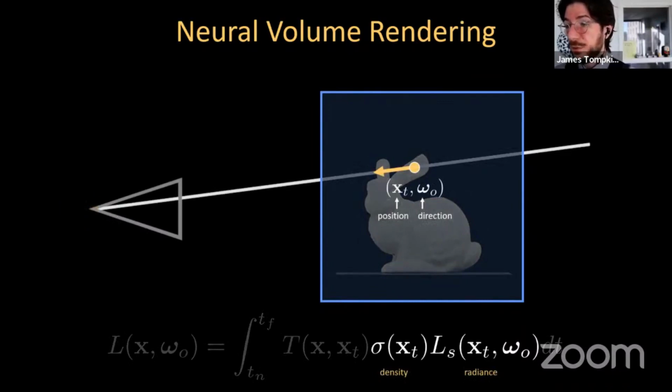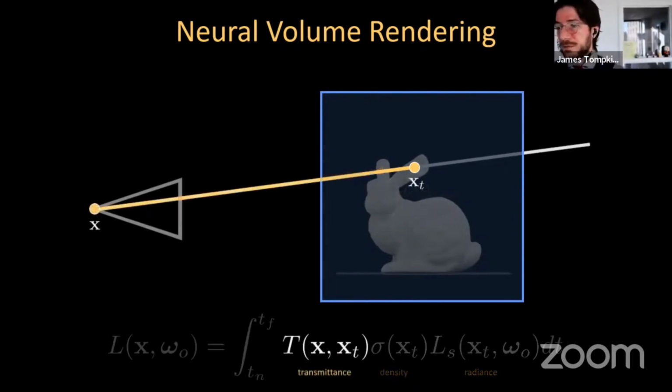For any individual point in the volume, the radiance traveling at point xt along the ray in direction omega O is going to be modulated by the density at that particular point, plus the visibility of all of the previous points along that ray.